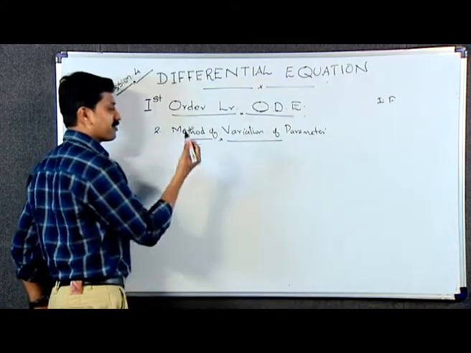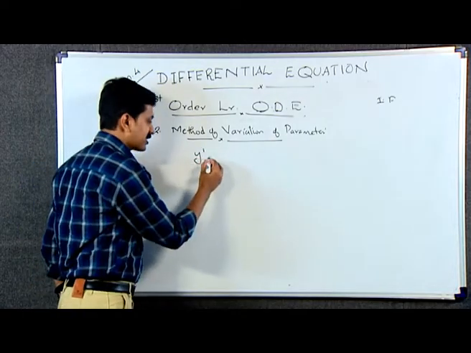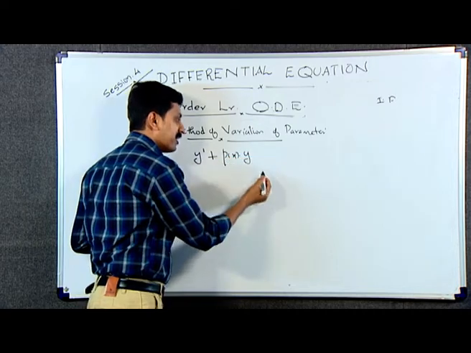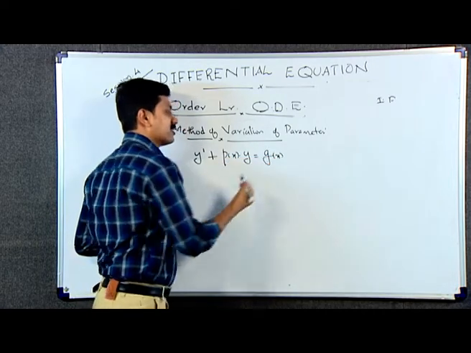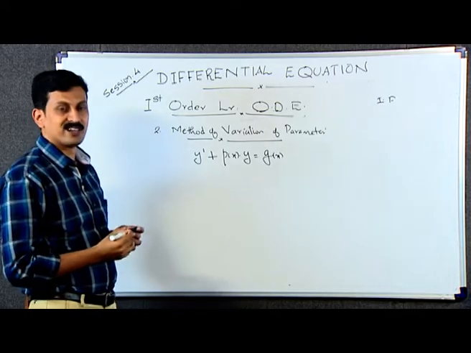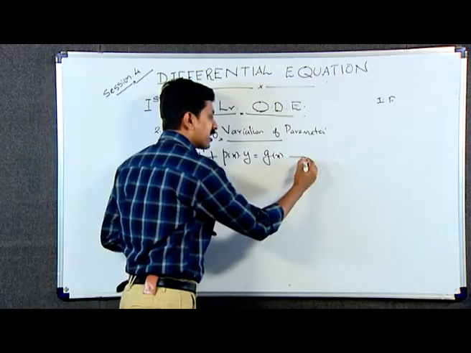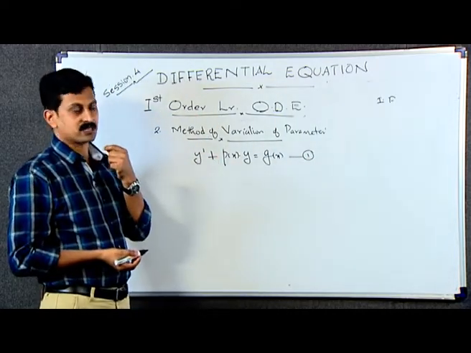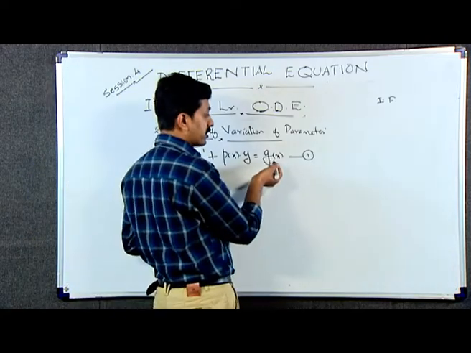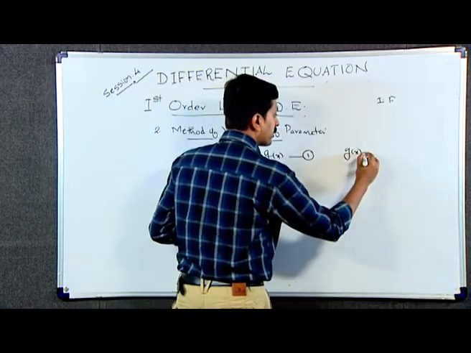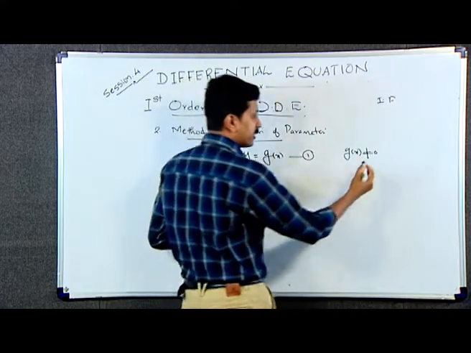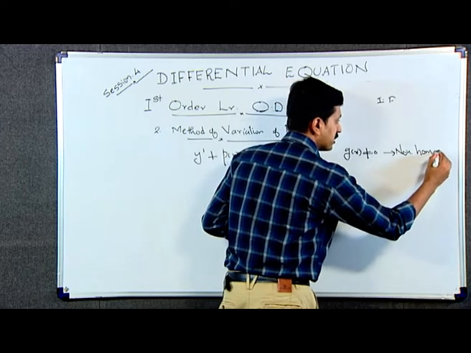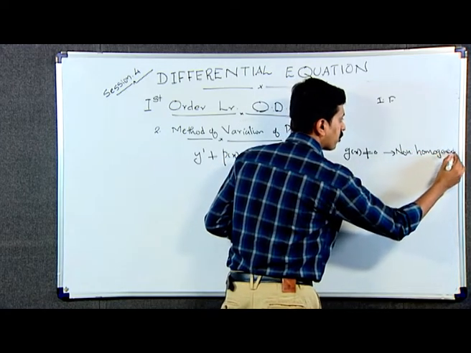Generally we have the linear differential equation, as we already discussed, y dash plus p of x times y is equal to g of x. This is the first order linear ordinary differential equation. If we use the initial condition, again you will get the particular solution for this differential equation. If g of x is not equal to 0, then we treat this linear differential equation as non-homogeneous.